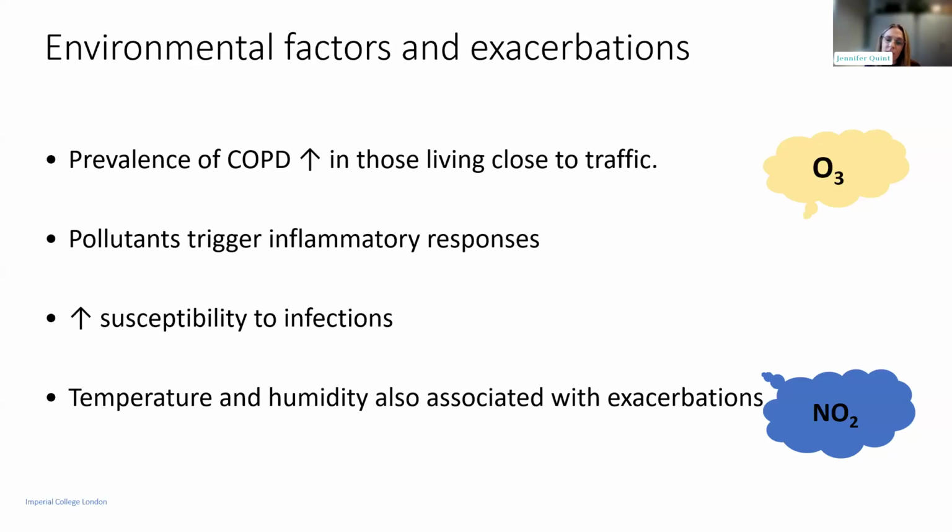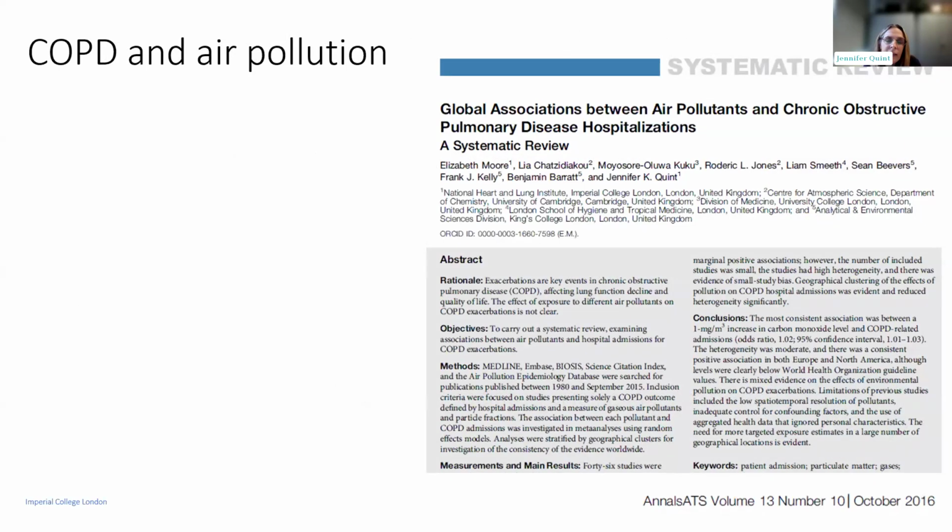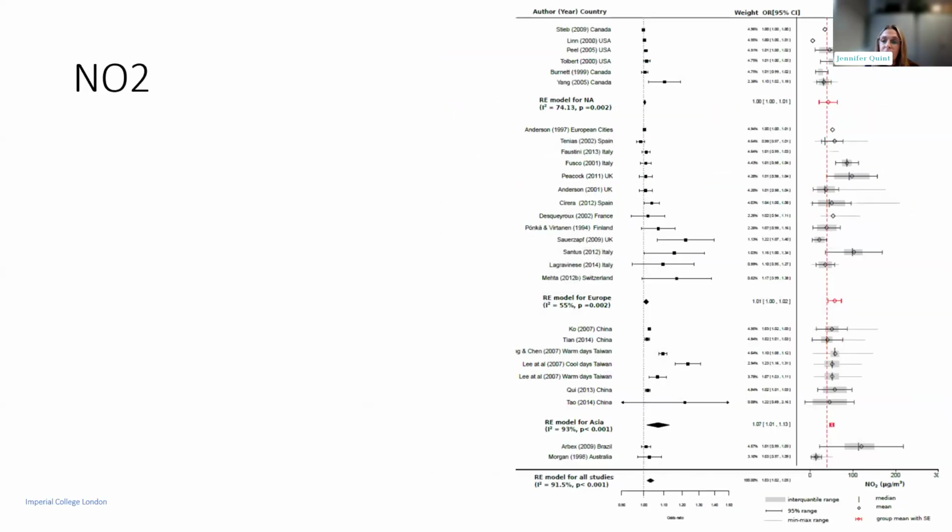But really at that point in the UK, the evidence underpinning that wasn't entirely clear. So we started the study by doing a systematic review, looking at what data there was globally between air pollution and hospitalization for COPD.